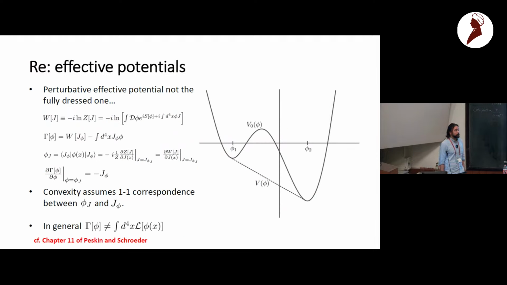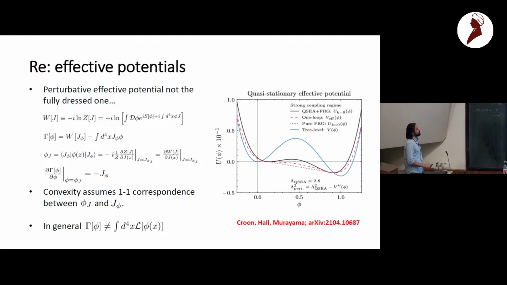And this is chapter 11 of Peskin and Schroeder. What that means is that you can have a classical potential, but if you loop correct it enough, and there's a very nice demonstration of this in a paper by Joyce Krohn and collaborators, where they actually show this procedure, if you loop correct enough, what you thought was a wine bottle potential just becomes completely flat.